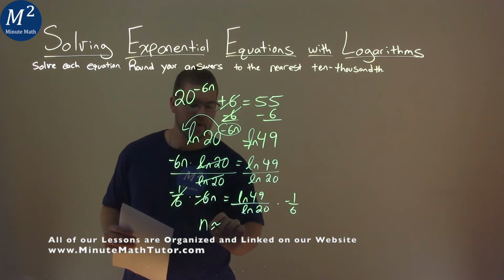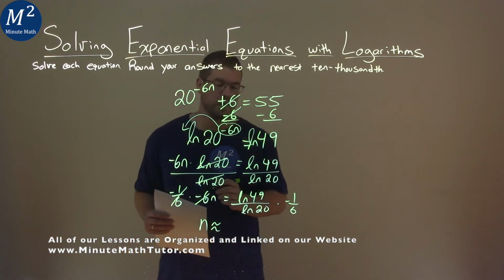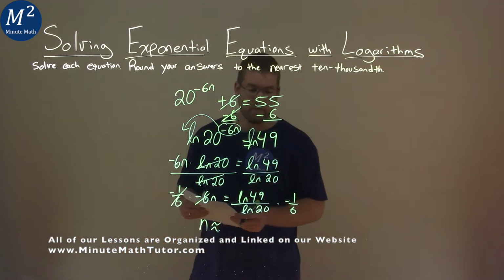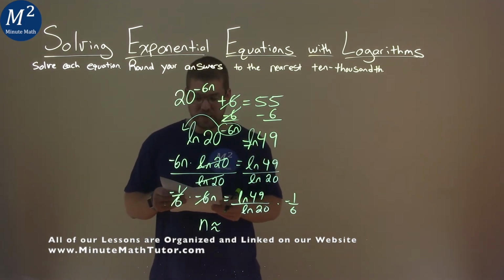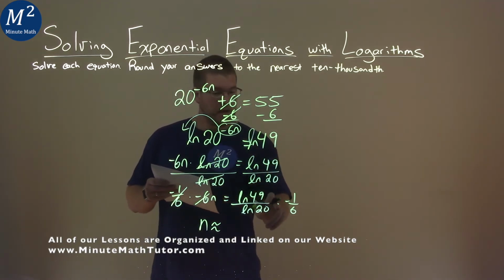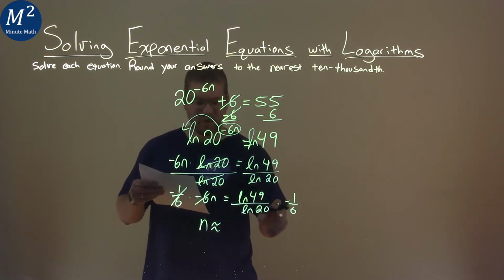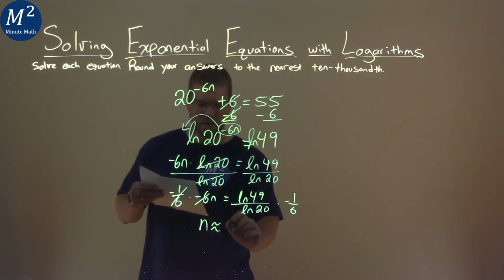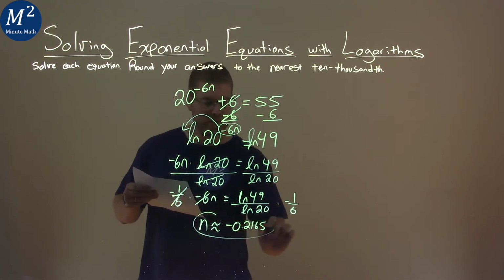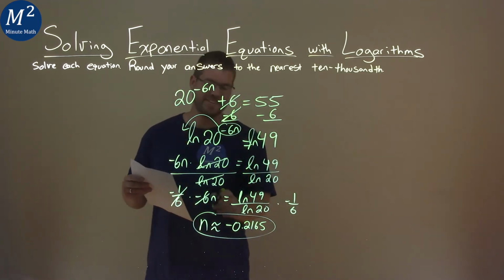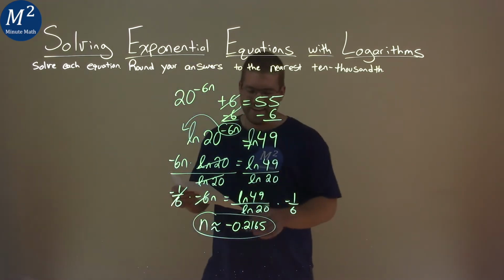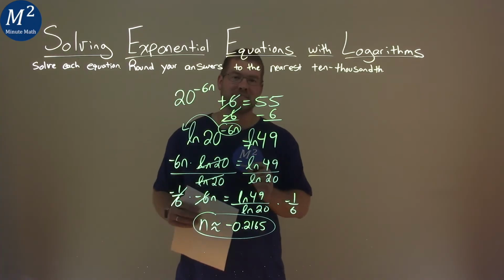And now it's going to be an approximate answer, and we'll use our calculator here. Natural log of 49 over natural log of 20 times negative 1/6 gives us an approximate answer of negative 0.2165. And so our final answer here is n is approximately equal to negative 0.2165.